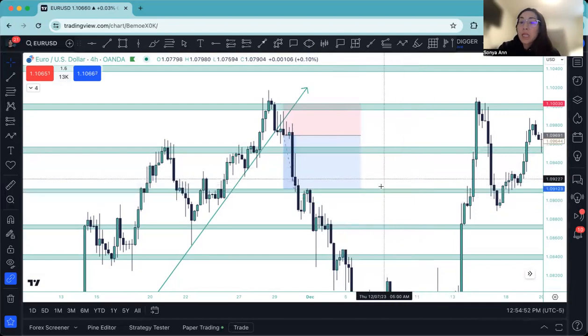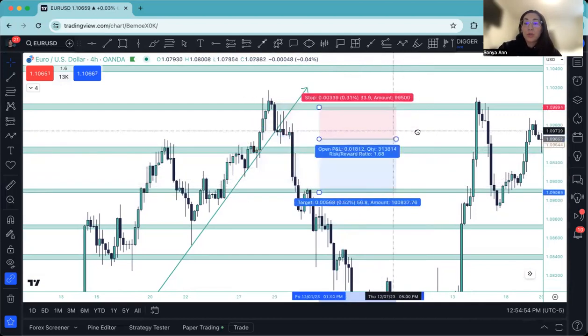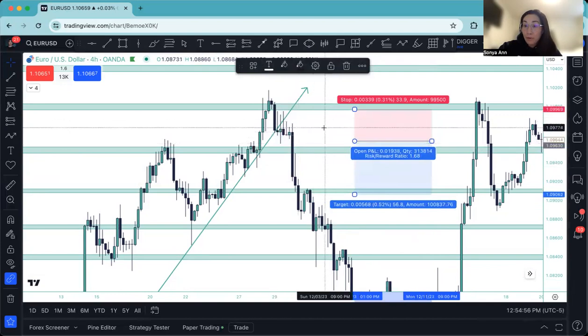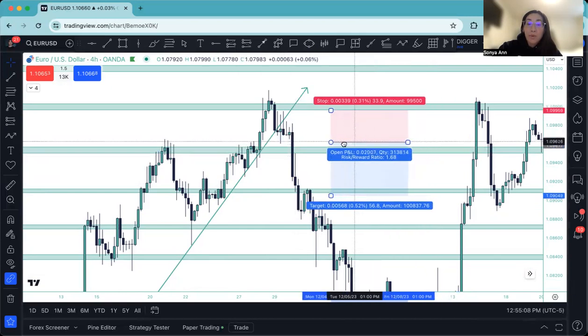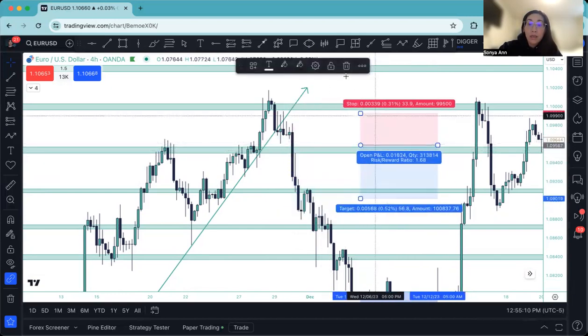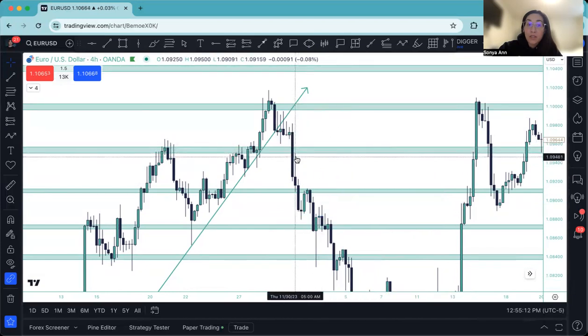Another thing that you could also do, which is the safer bet, is when you have something so close to this zone, like say that the break is so close to this zone, then you could actually wait until it breaks this zone right here and it retests.